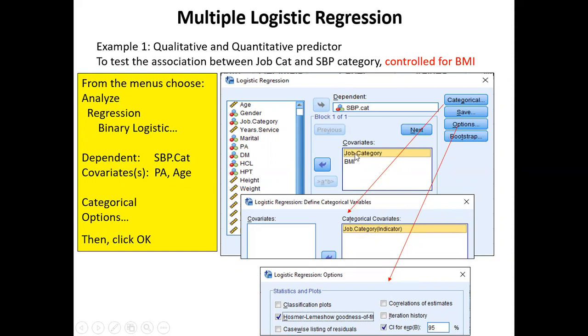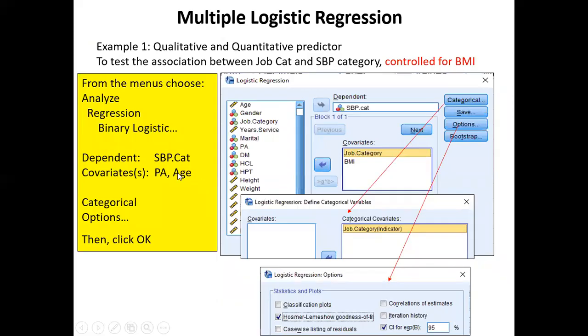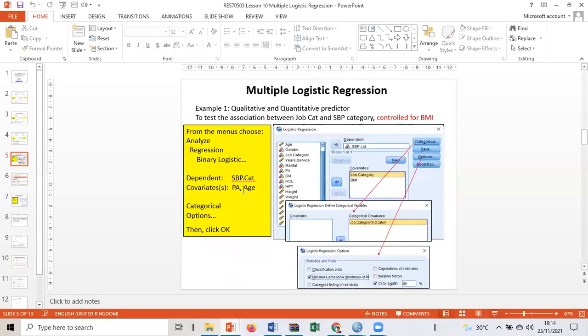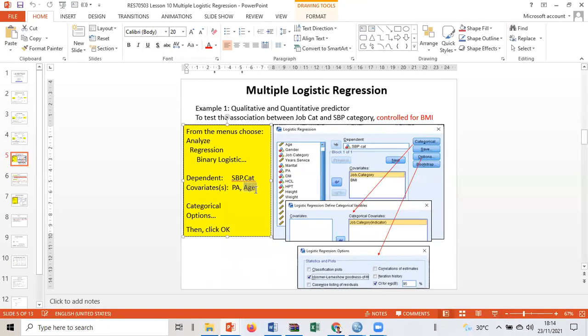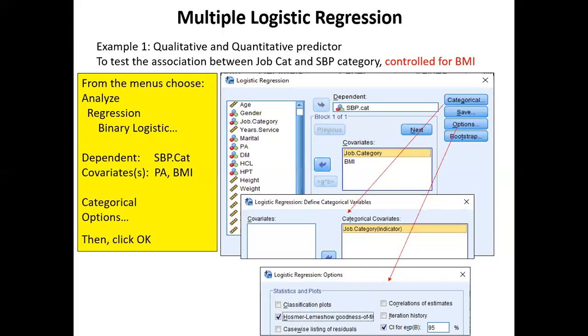Job category, SBP. Why is there still a mistake there? Let me check where that is. Hold on. This is BMI. Sorry, yeah. This should be BMI. All right. Okay.